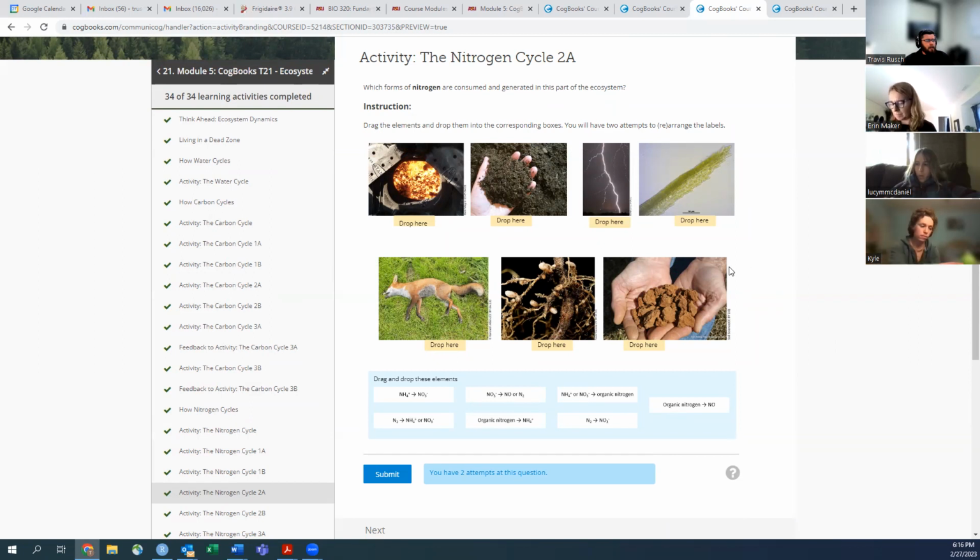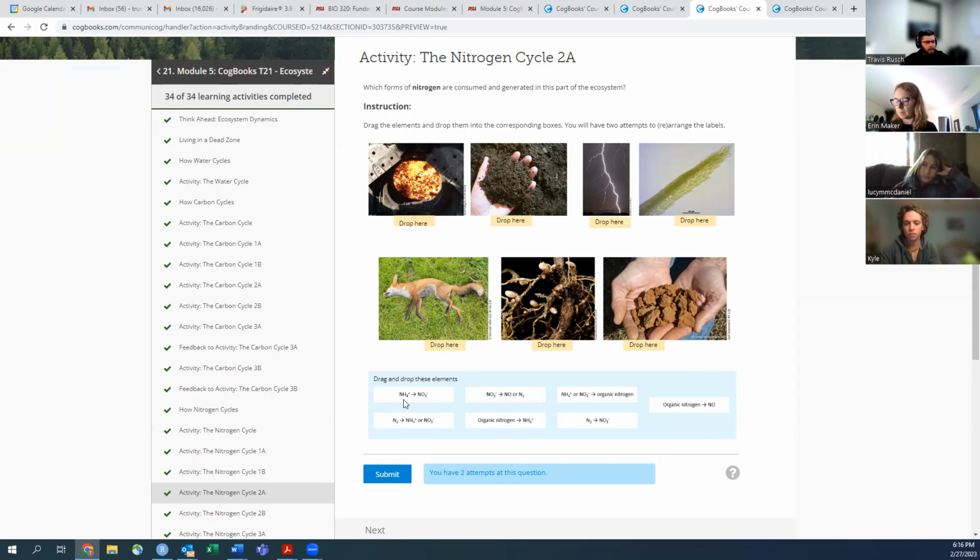Yeah, and they don't spell it out maybe 100% in the readings, but they do define what these chemical compounds are. And then it's just knowing, like, this is ammonia being converted into nitrates.